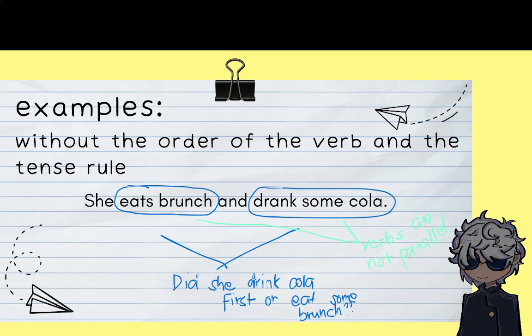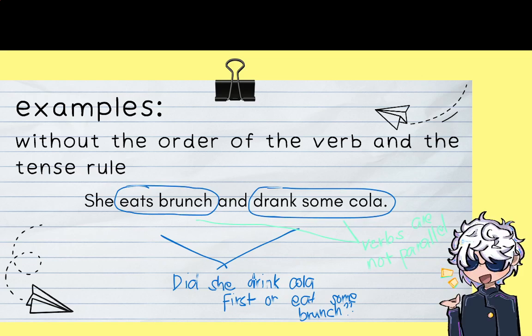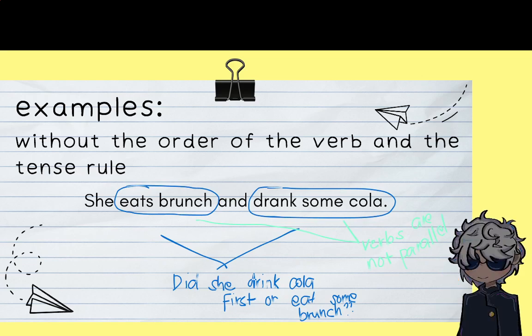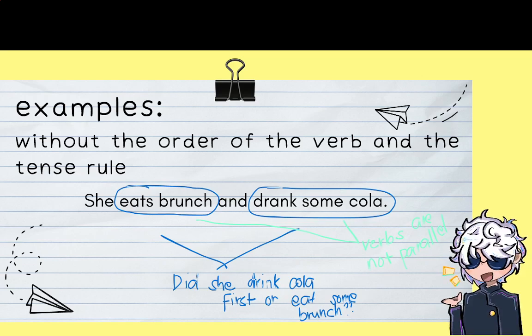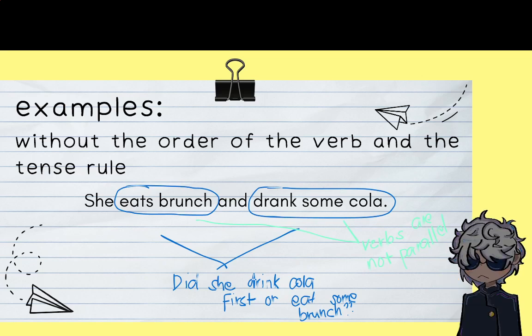Eats brunch is in the present tense, while drank some cola is in the past tense. Those two verbs are not parallel. We are wondering, did she drink cola first or eat some brunch?